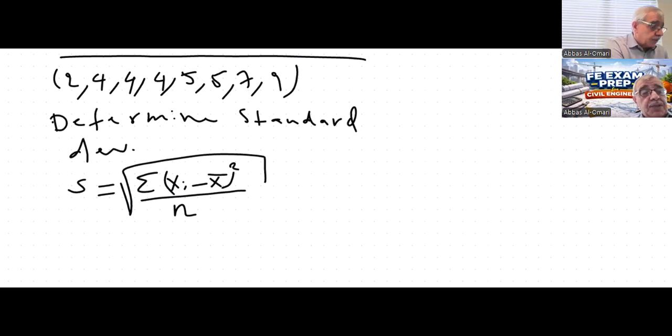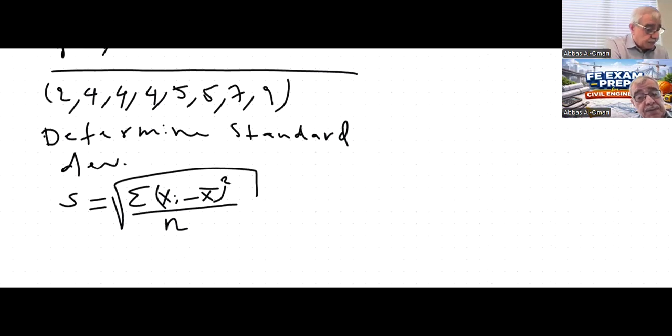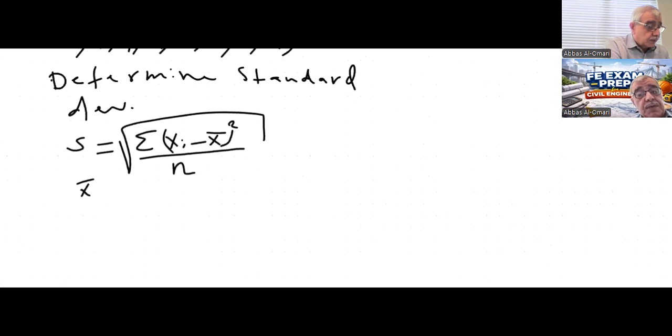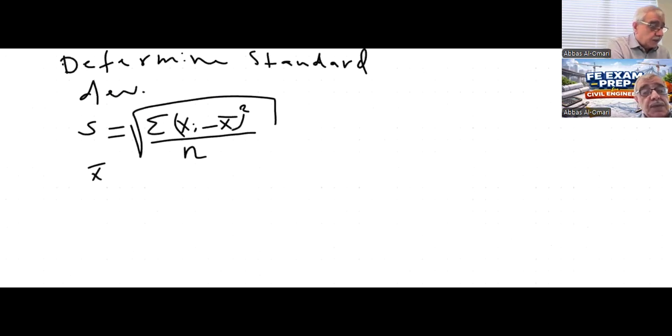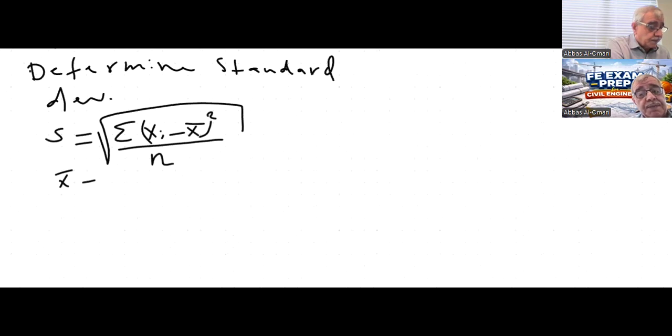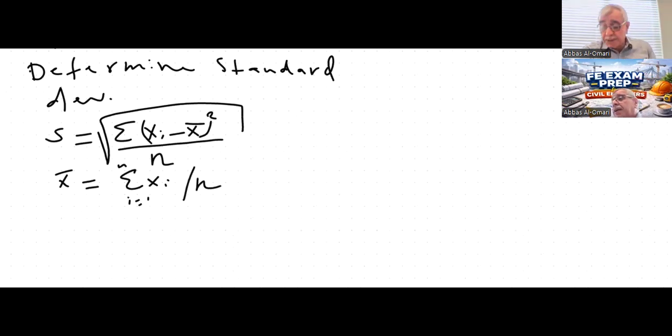So the arithmetic average x bar is simply the summation of all the points, sigma x i, i equals 1 to n, divided by n, the number of points. This is the simple arithmetic average. So we have 2 plus 4 plus 4 plus 4, that's 14, 19, 24, 31, 40.